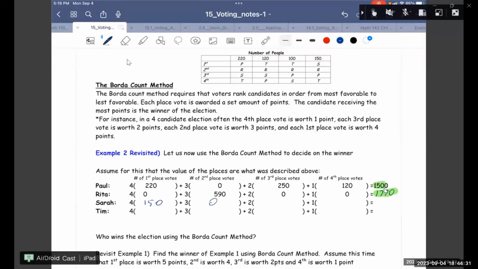That is 340. And then for the fourth one, so 100. So we have 1380. So after we add all this up, about 14.